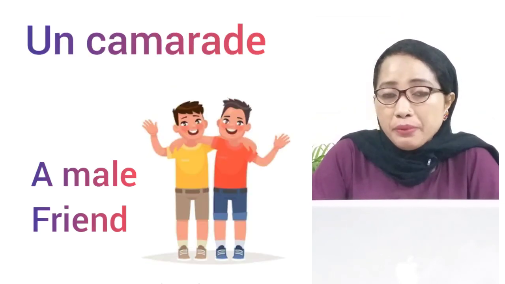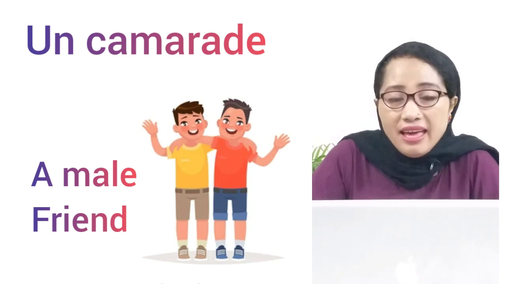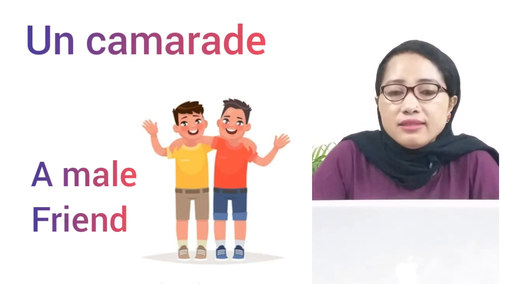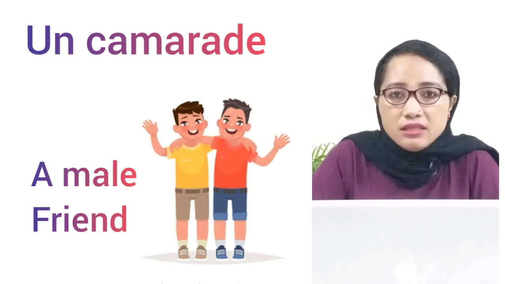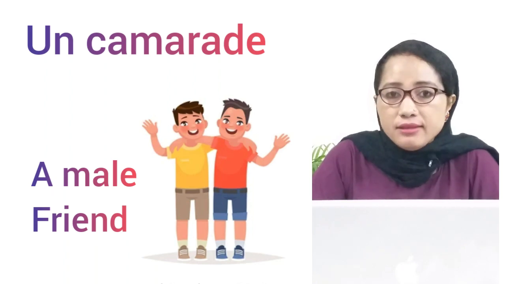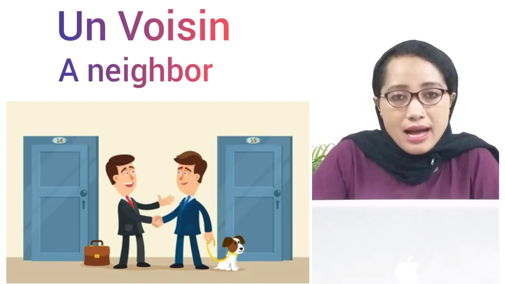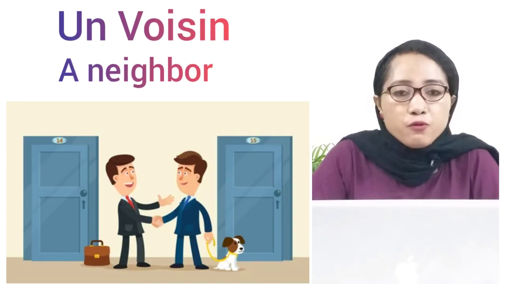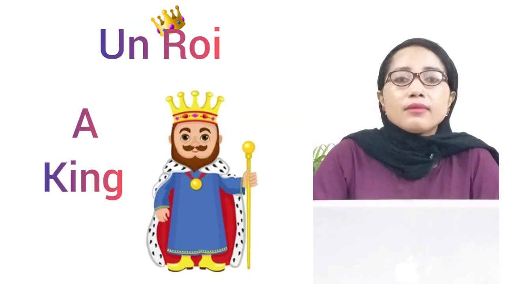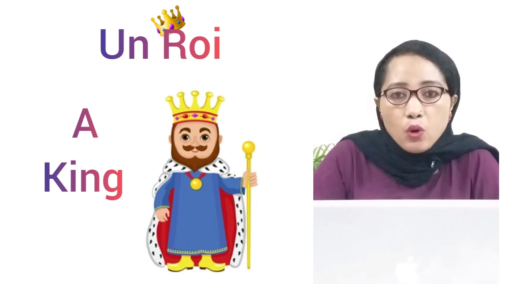One more example. Un camarade, which means also a male friend. Un voisin, which means a neighbor. Un roi, which means a king.